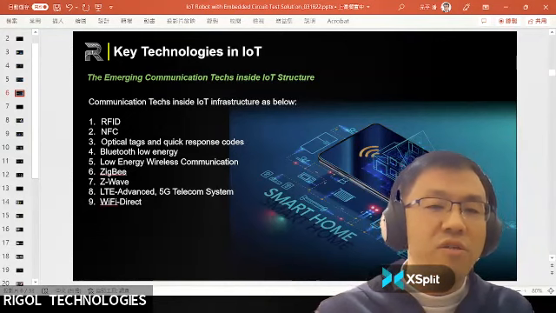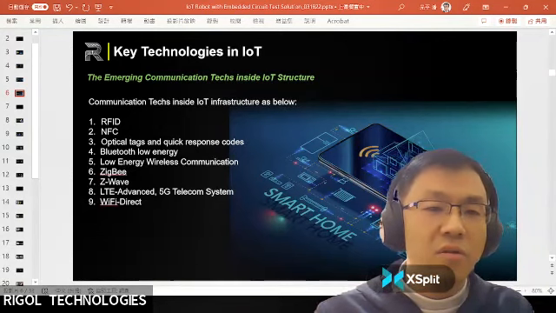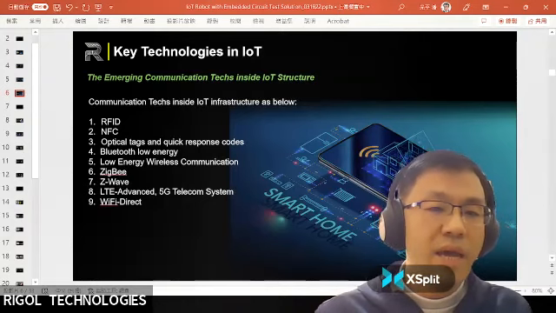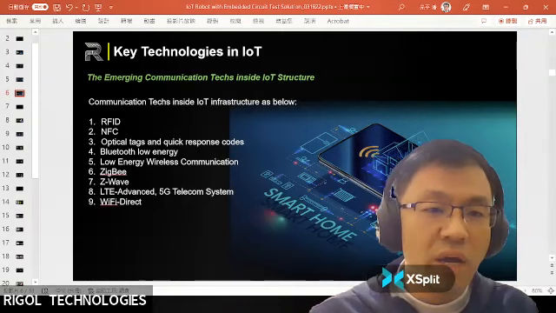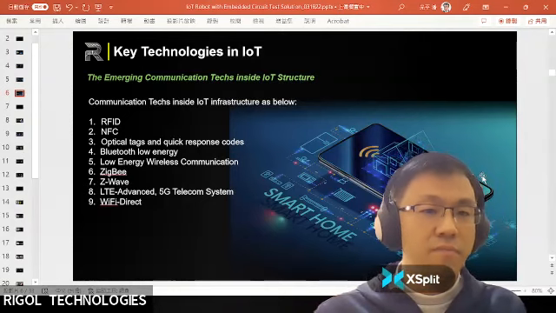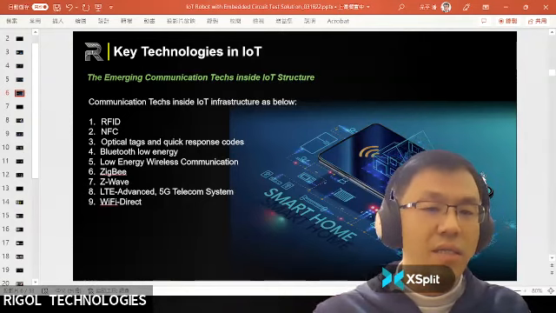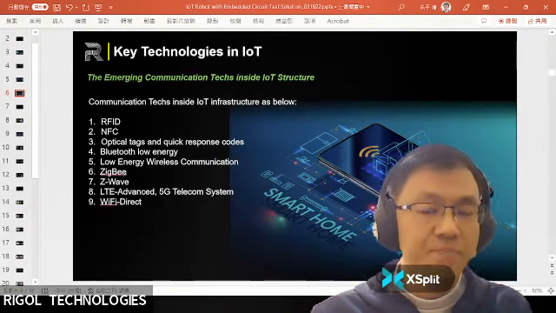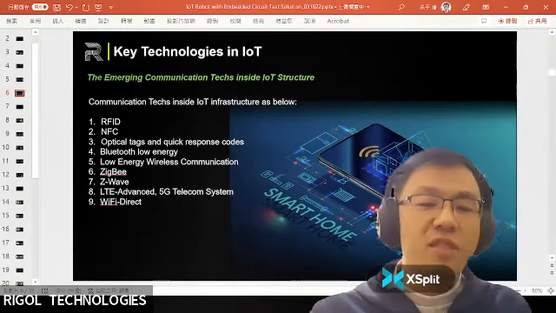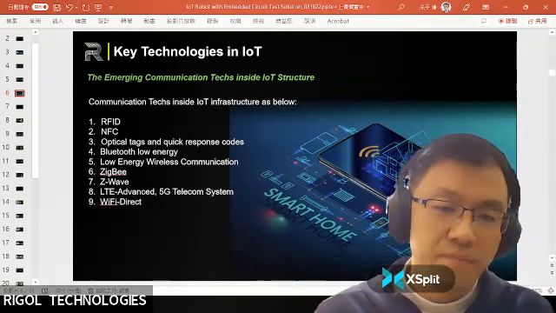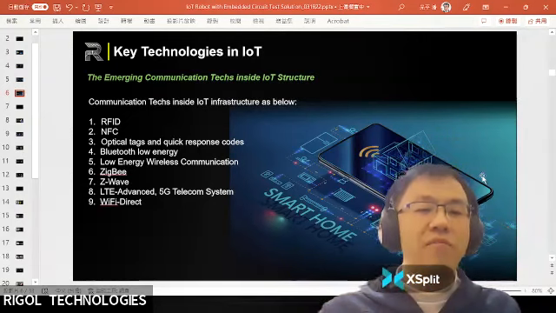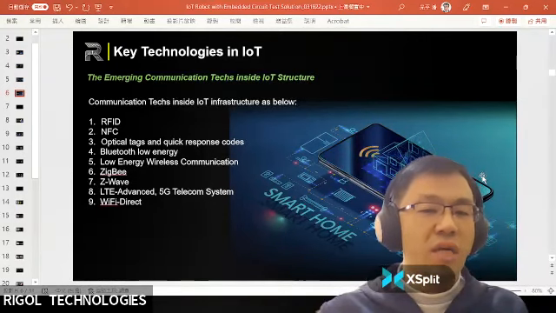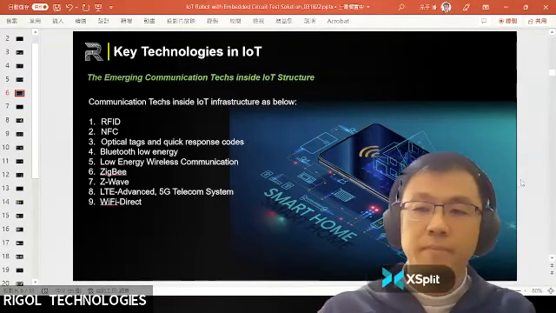Or we can leverage tag devices using optical devices or quick response codes. We also have Bluetooth low energy technologies. And the others, like Zigbee, Z-Wave, LTE Advanced, or 5G or 6G telecom systems. Of course, we need to leverage the technologies overall by Wi-Fi directly. Okay.